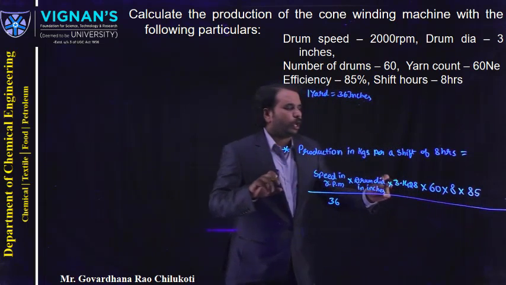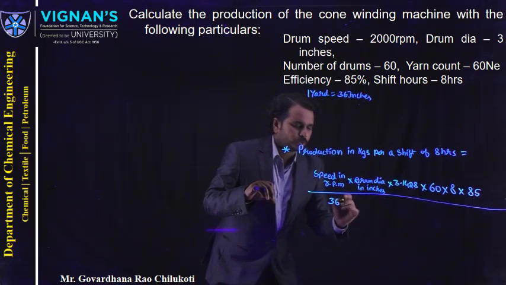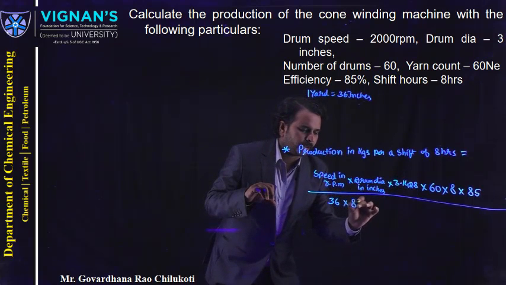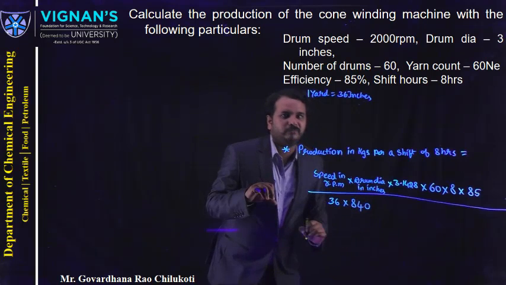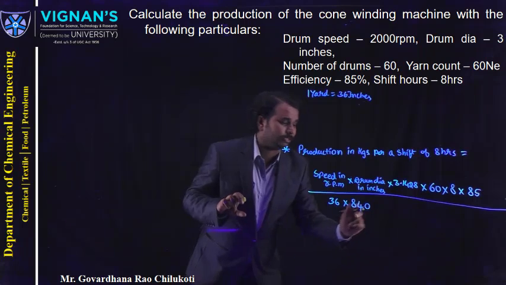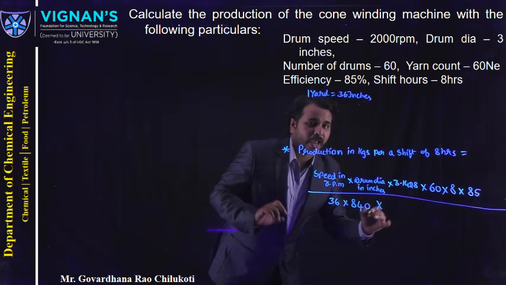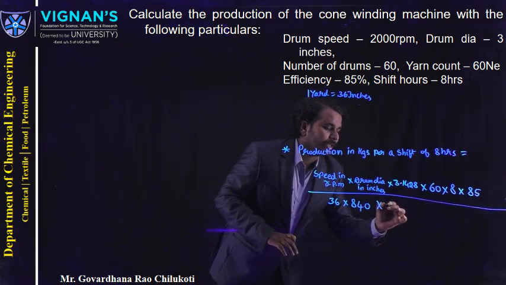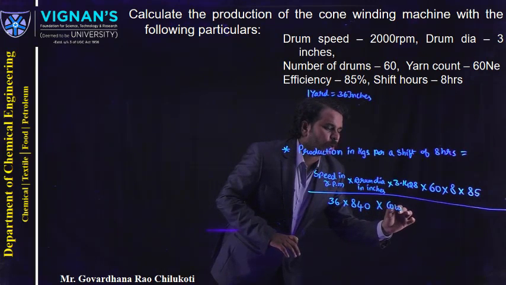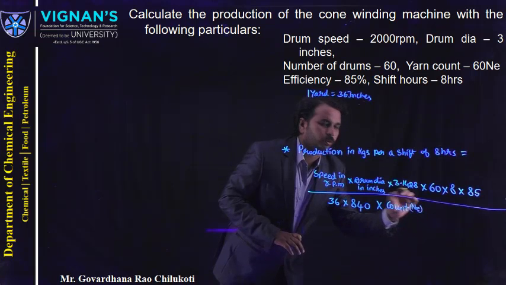After converting to yards, we divide by 840 to convert yards to hanks. Then we convert hanks into lbs, that is pounds, by dividing by the count Ne.